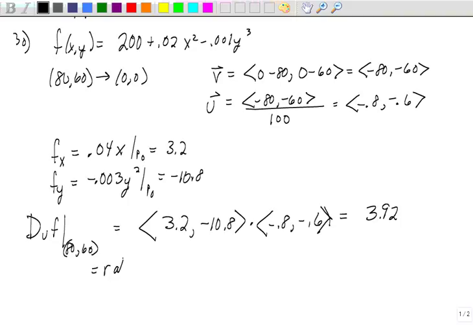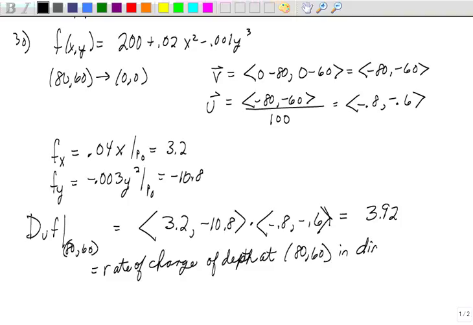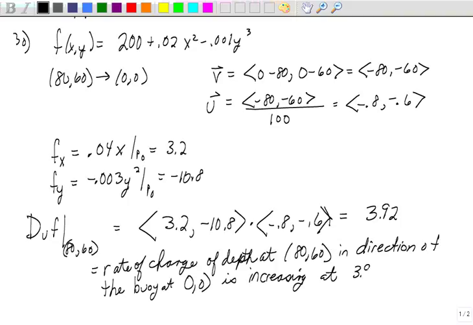That is the rate of change of the depth at the point (80, 60) in the direction of the buoy at (0, 0). The rate of change is increasing since it's positive, at 3.92.